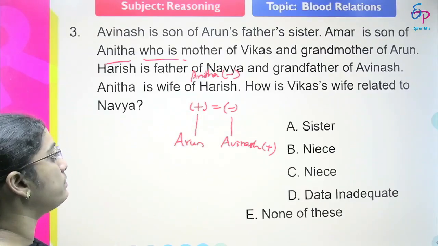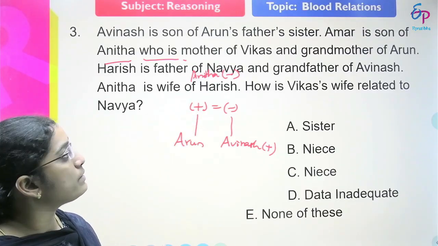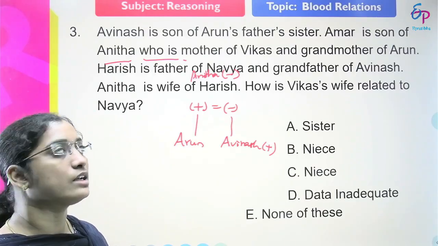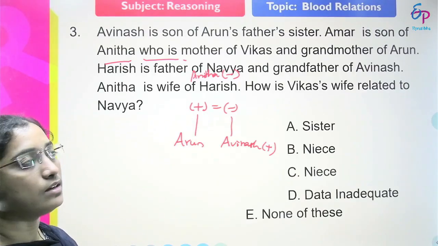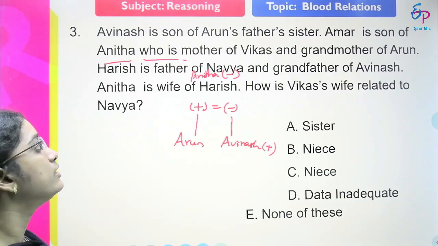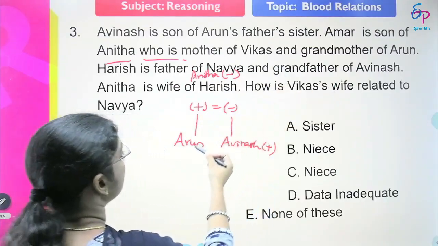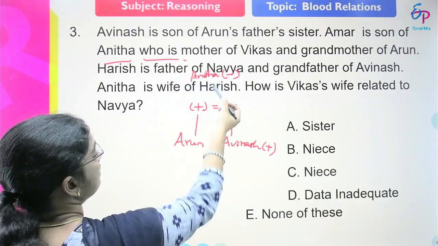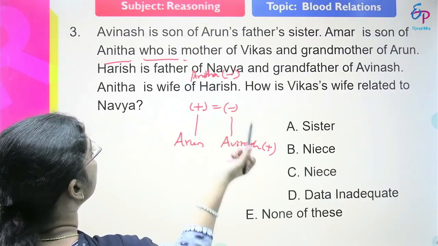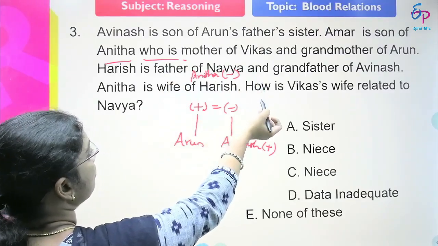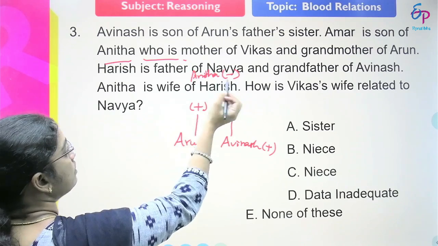We don't know exactly. That means Arun's mother's mother or father's mother. But in both ways we get the same grandmother, right? So I am taking Anita as the grandmother of Arun, and before that Anita is the mother of Vikas. So Anita is the mother of Vikas.